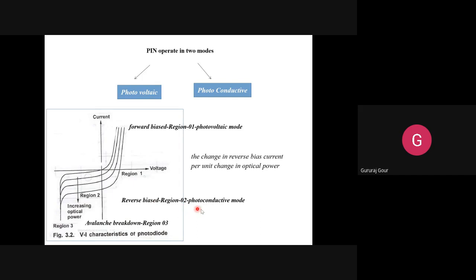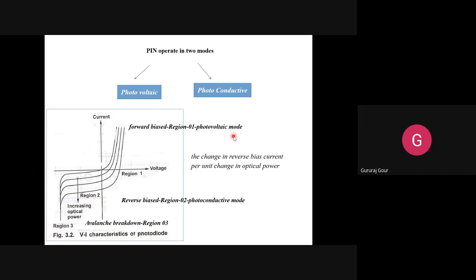Reason two is the reverse bias mode. Here it is acting like a photoconductive mode, with an increase in optical power. And the third is the avalanche breakdown mode, which we normally do not operate. So a PIN diode is normally operated in two modes. In forward bias, it is acting like a photovoltaic mode, meaning most of the current is contributed not by the photons but by the carriers.